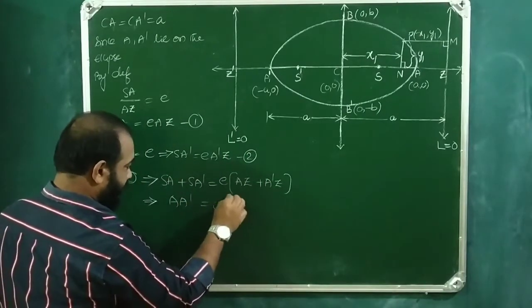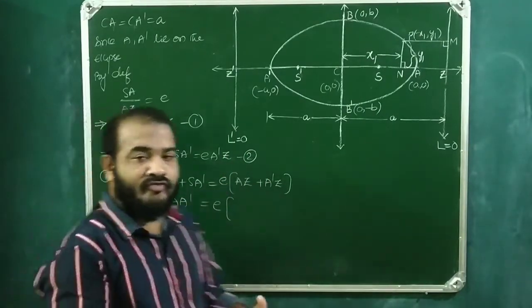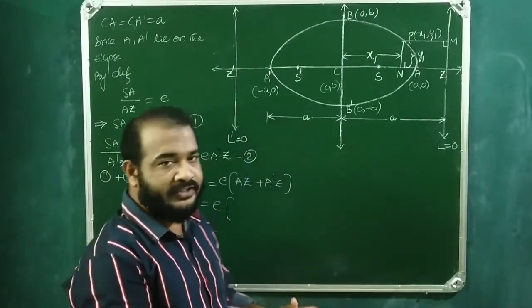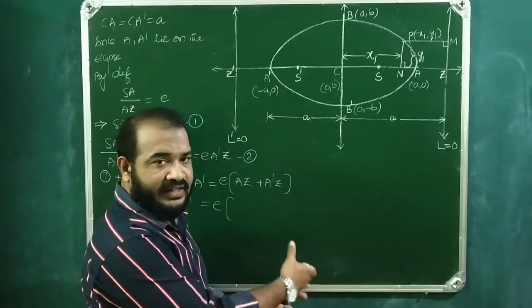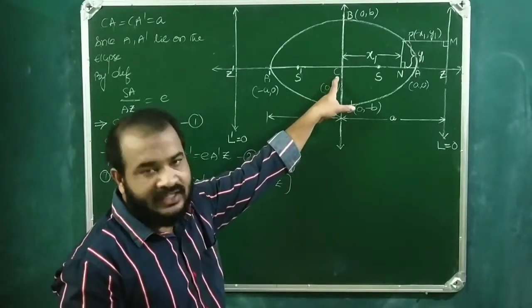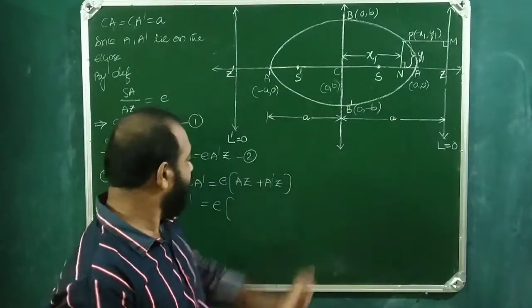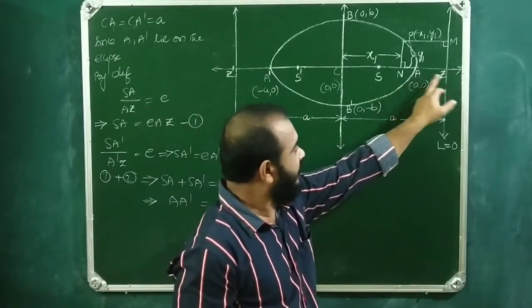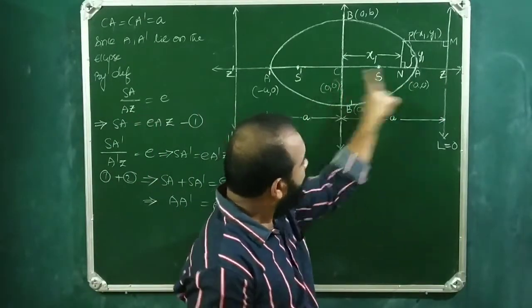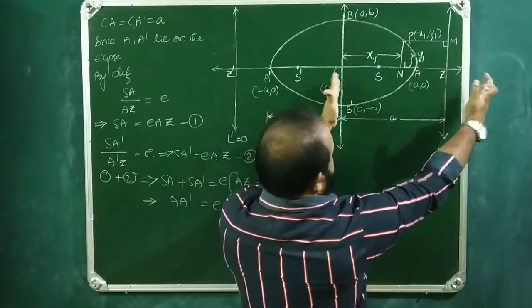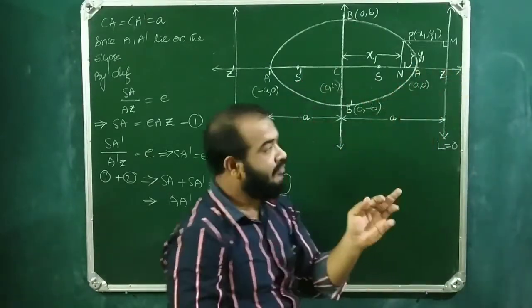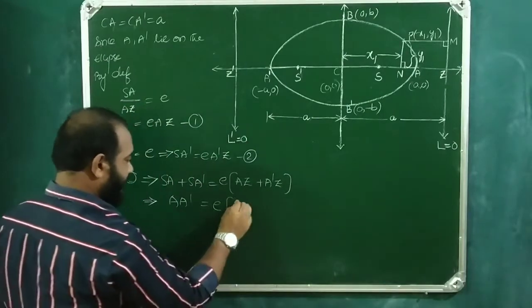This is equals to E into whatever the operations that we are going to take from now onwards. I will take C as the basis. So what I mean to say is, this AZ can be written as total CZ minus CA.